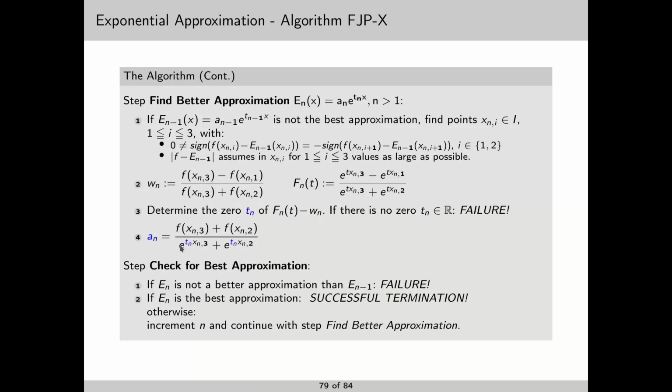With Tn given, compute An and proceed to step check for best approximation. If the resulting approximation is not a better approximation, the algorithm fails. If it is the best approximation, we are done. Otherwise, repeat and perform step find better approximation with the approximation just computed.